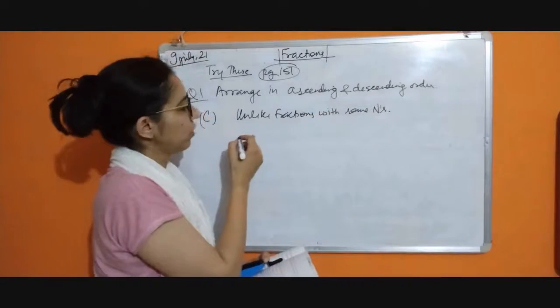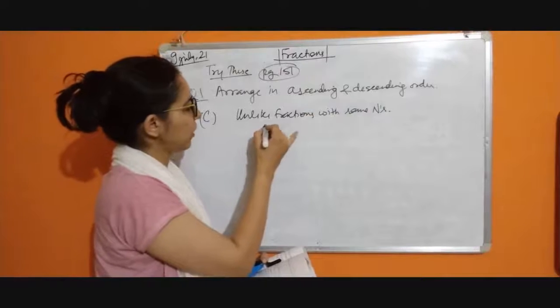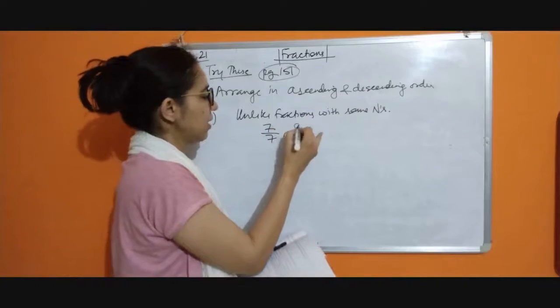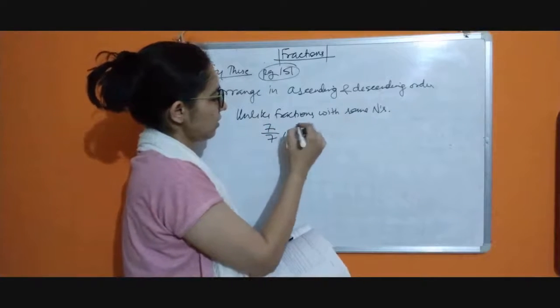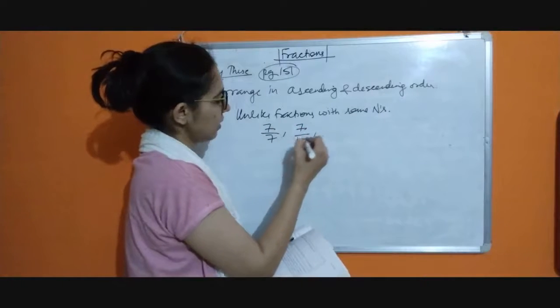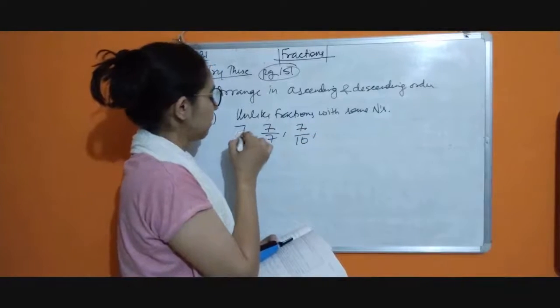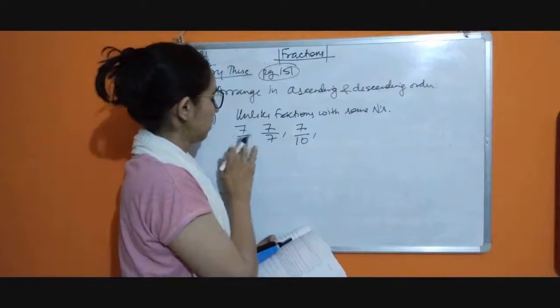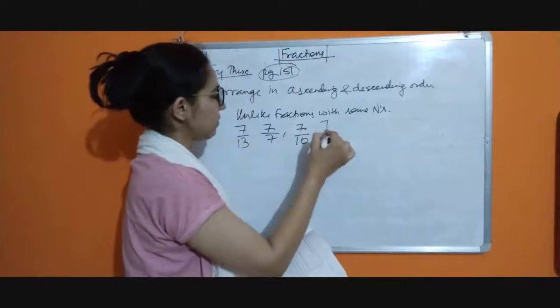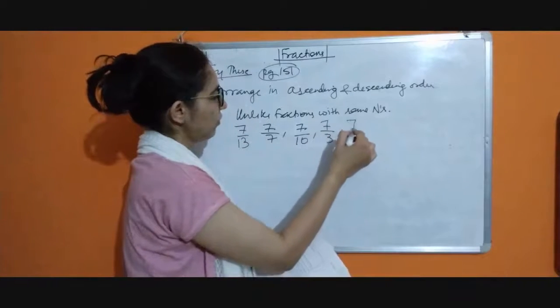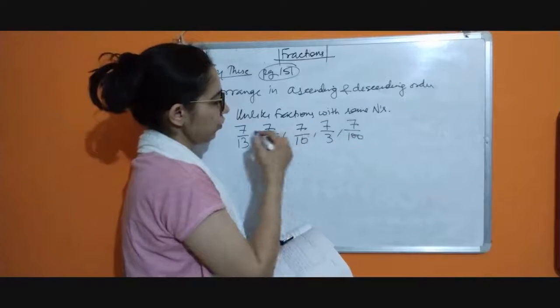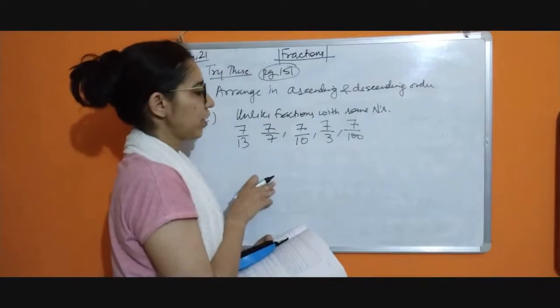Suppose the fractions are 7 by 7, 7 by 10, 7 by 3, 7 by 13, or maybe 7 by 100. So these are unlike fractions with same numerator.